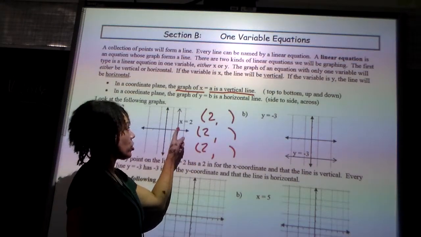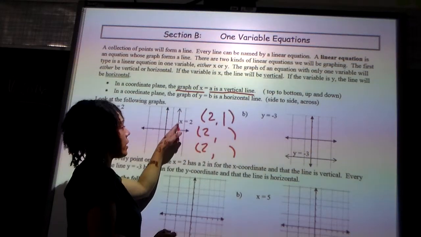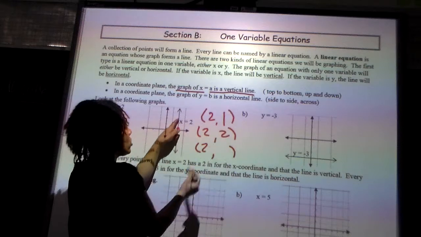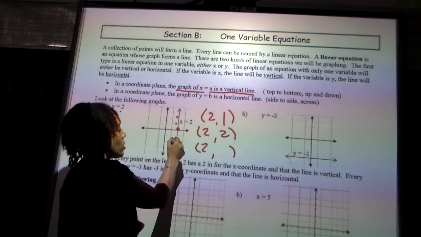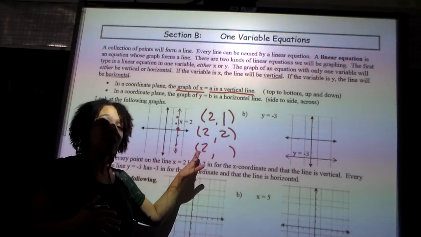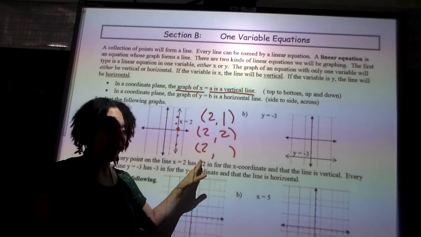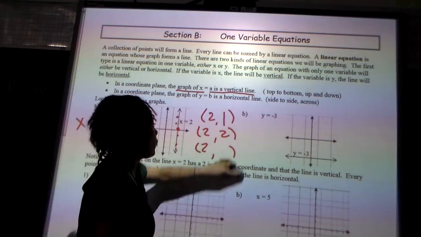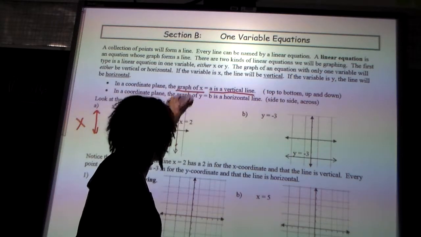So x is 2, and if y was 1, I'd be here. If x is 2 and y was 2, I'd be there. Every point on the line has an x value of 2, and it forms a vertical line.